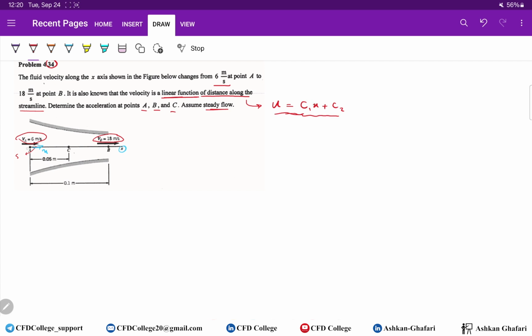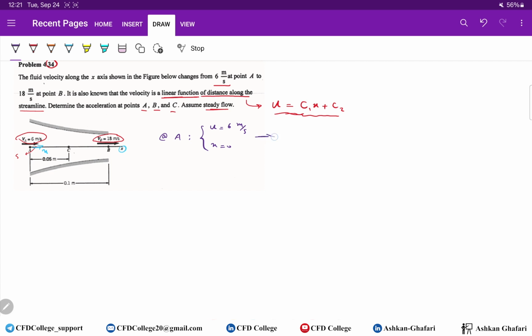We have velocity at point 1 and point 2. So at point A, we know that velocity u equals 6 meters per second and x is 0.